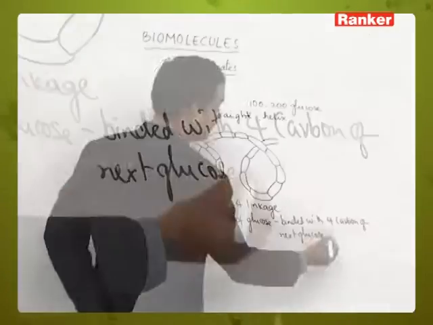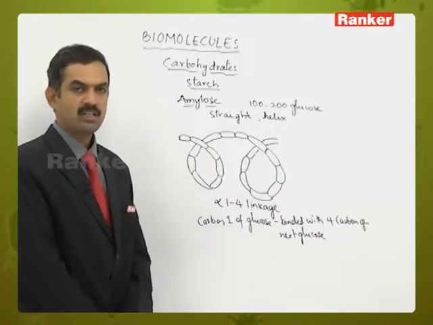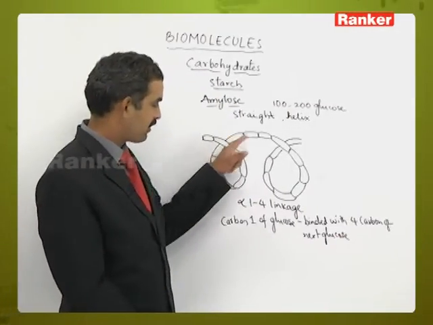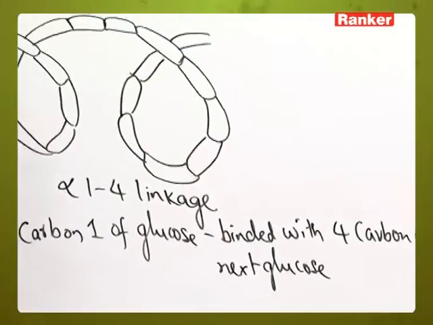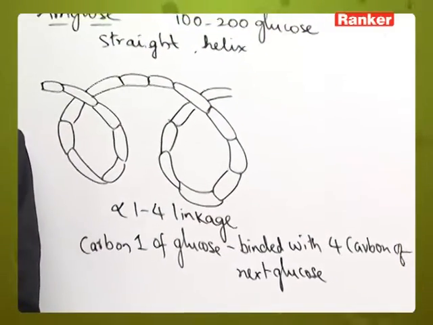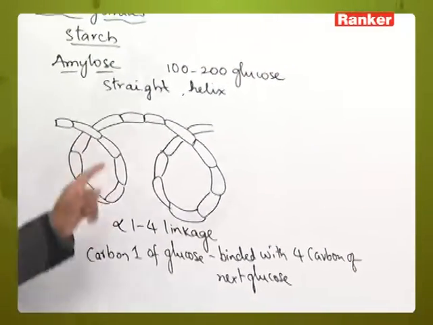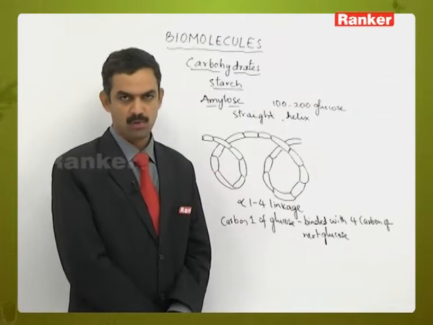This type of linkage is called an alpha 1,4 linkage. Because of this alpha 1,4 linkage, it forms a straight structure with helix-like organizations here and there, and each helix contains 6 glucose molecules.